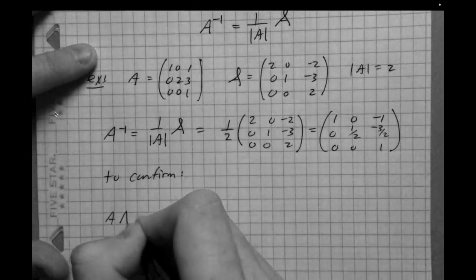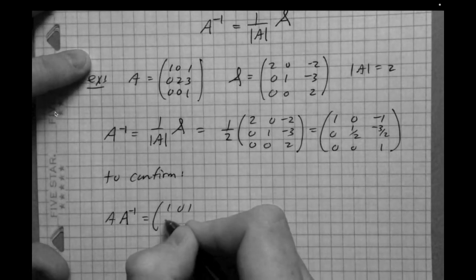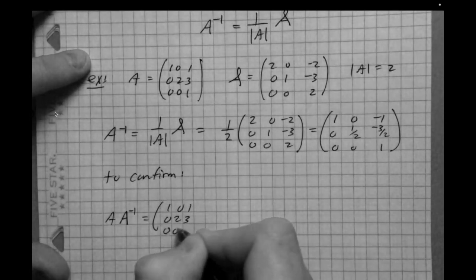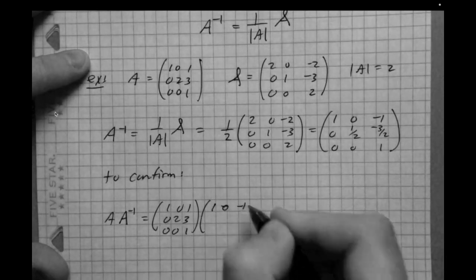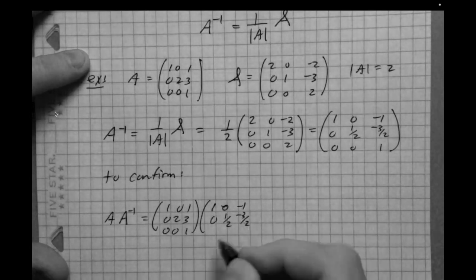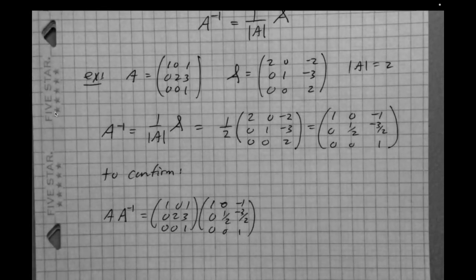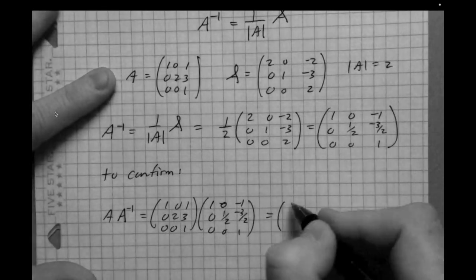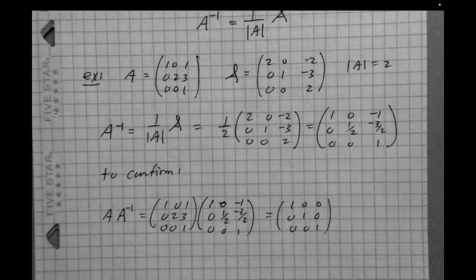So A times A inverse: [1, 0, 1; 0, 2, 3; 0, 0, 1] times [1, 0, -1; 0, 1/2, -3/2; 0, 0, 1]. I will leave it up to you, but you do indeed get the identity matrix.